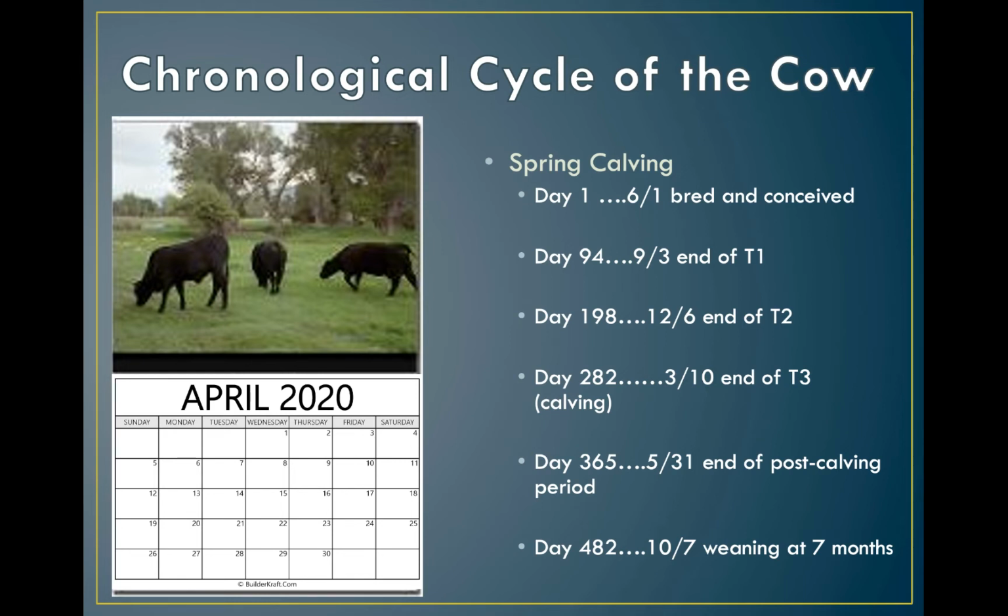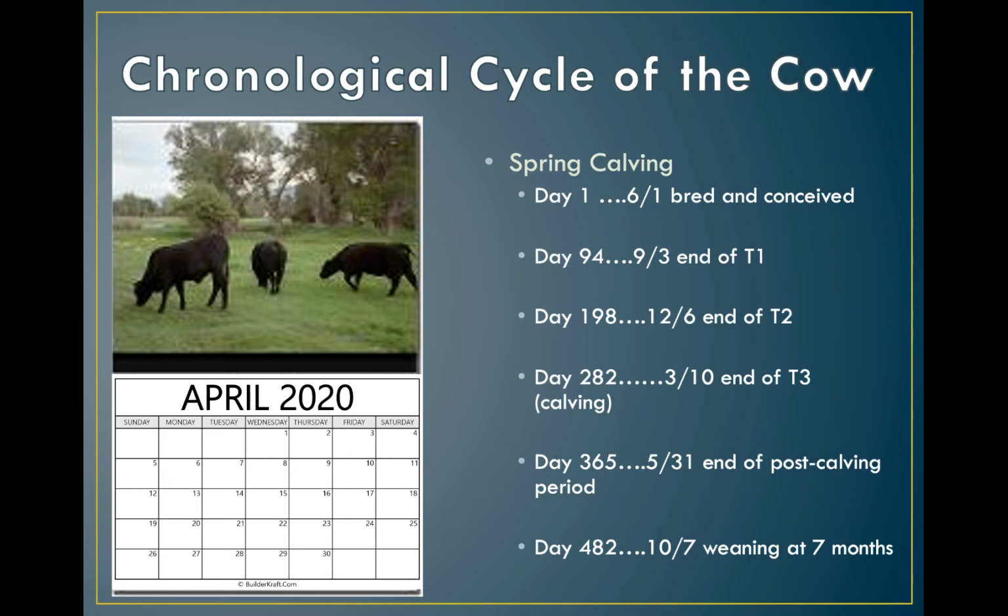Day 282, when she is supposed to calve, would be about March 10th, and that's the end of trimester 3. And then day 365 would be May 31st, and that would be the end of the postpartum interval, or the post-calving period.